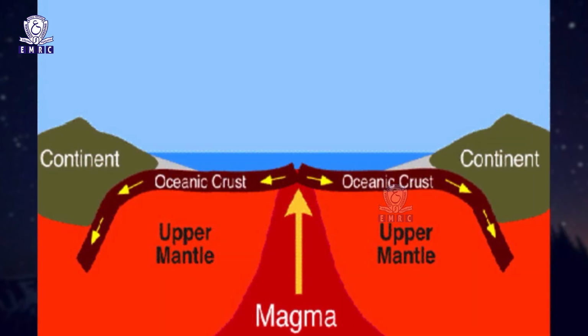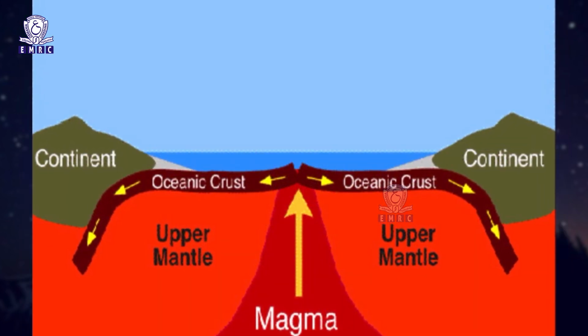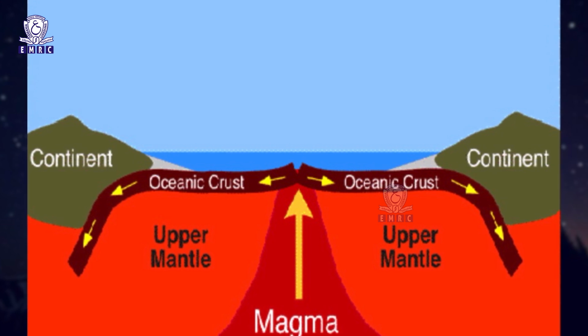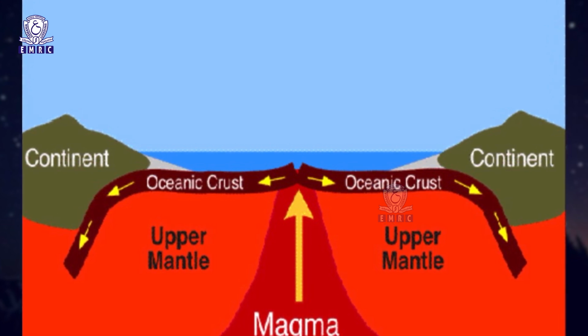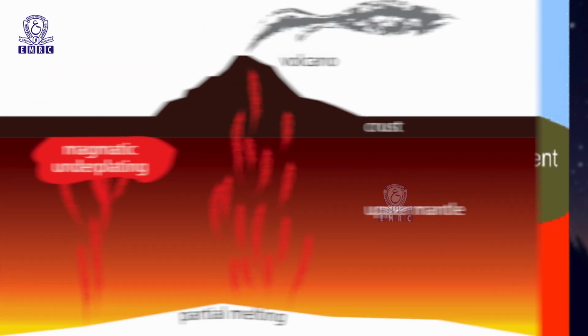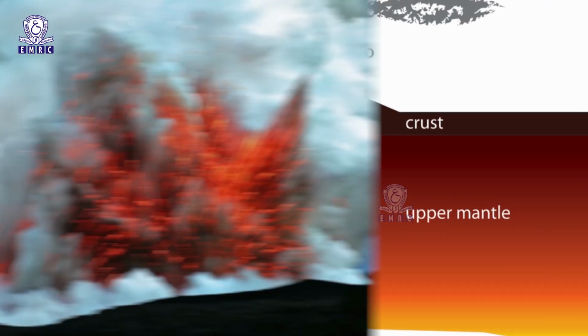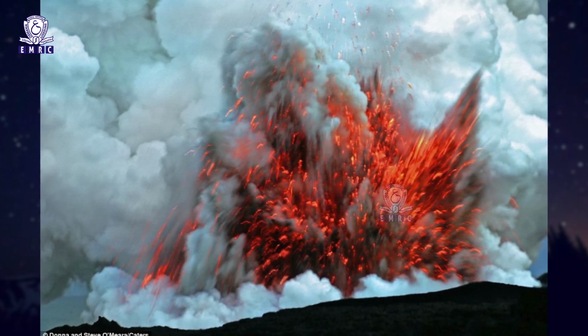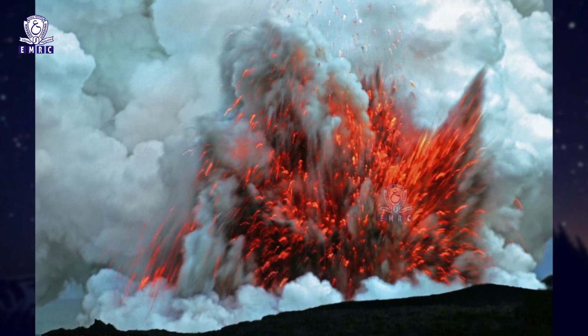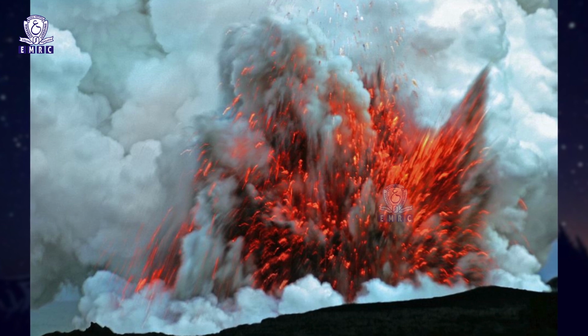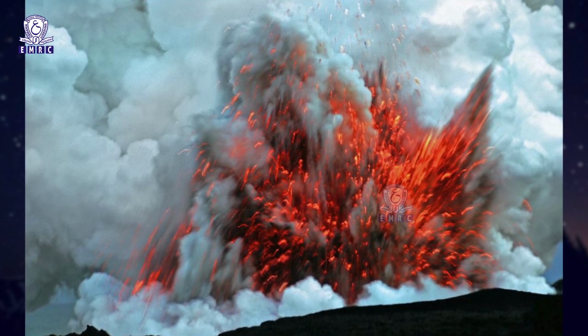This magma is forced to ascend by its enormous volume along with accumulated explosive gases. Thus, magma rises and appears as violent volcanic eruption, which is very common along the destructive or convergent plate boundary.